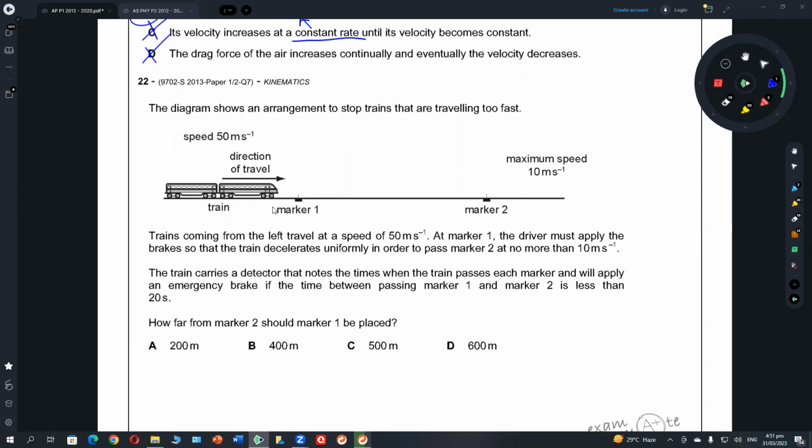We'll use an equation of motion for this one. Marker 1 is 50 and marker 2 is 10. Time is 20 seconds.